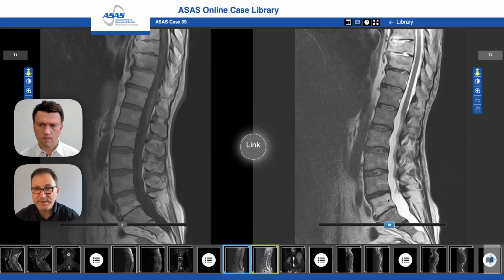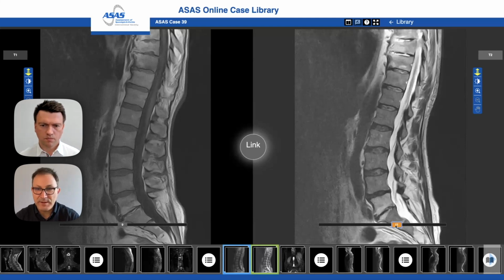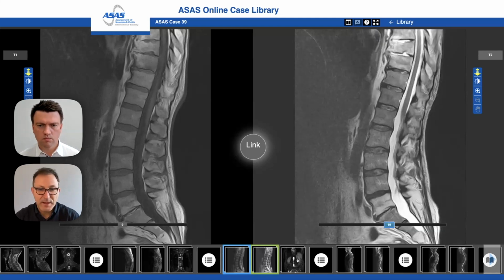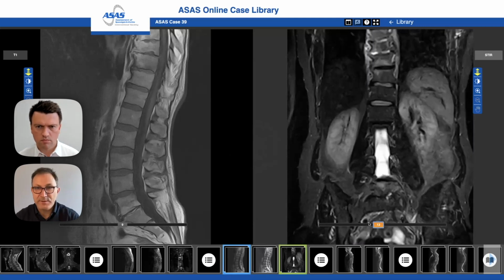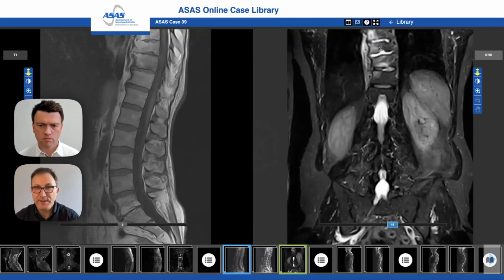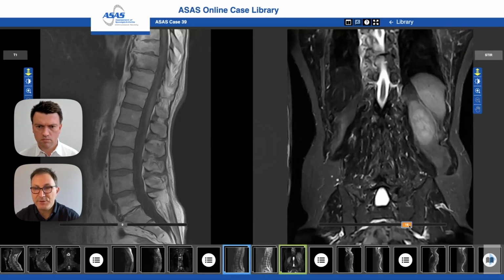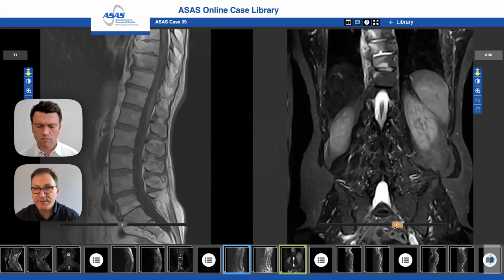And we now have here some brighter signal, so it might also be some edema in that vertebral body. And it's possible to compare this to the coronal STIR sequence where we see again this bone edema in the lower thoracic spine. But the advantage of this scan is that we can now also look at the sacroiliac joints, which is of interest for us.